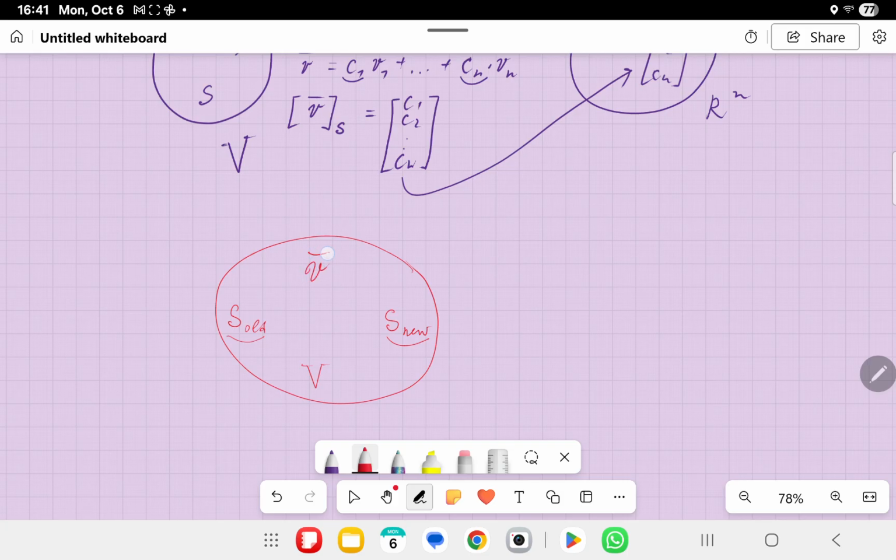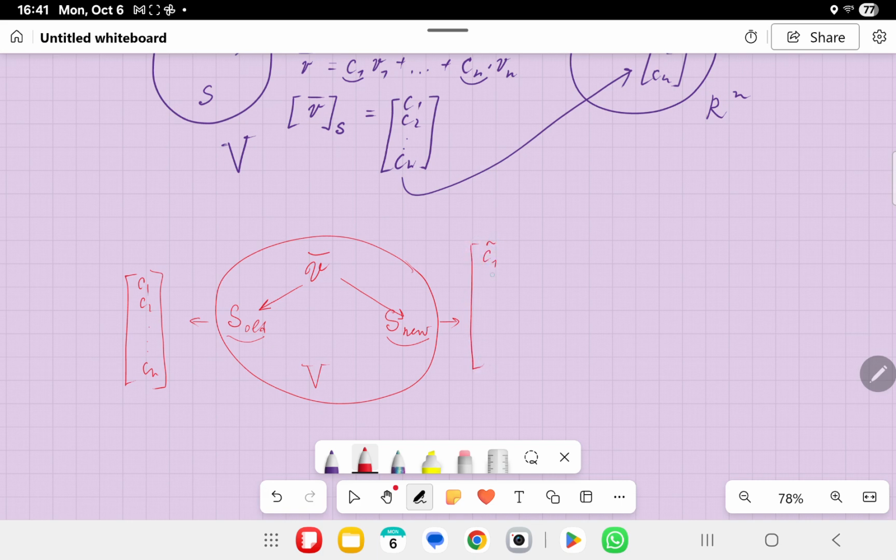Now, imagine that we have an arbitrary vector v, and we can represent it in this basis and get a set of coordinates, something like this: C1, C2, Cn. Also we can represent it through the new, second basis, and we get some other set of coordinates.